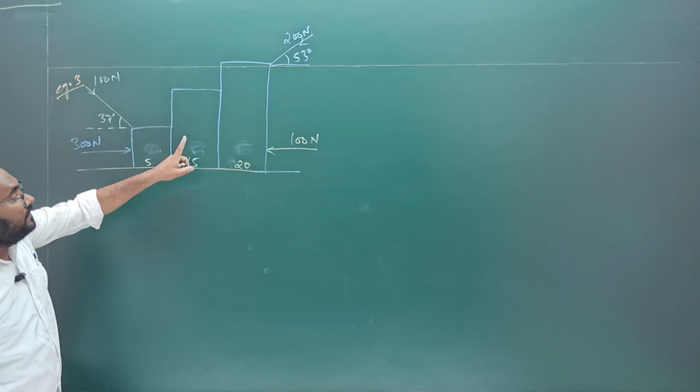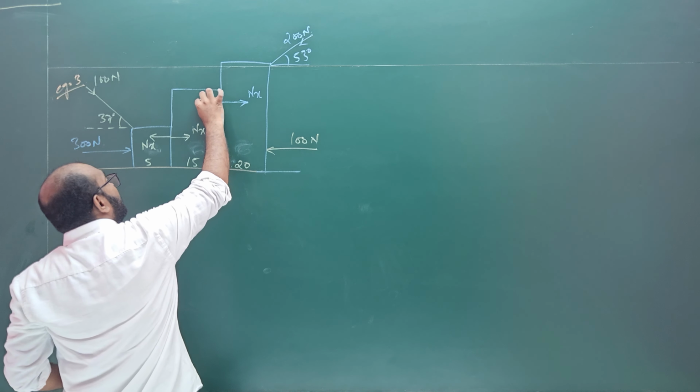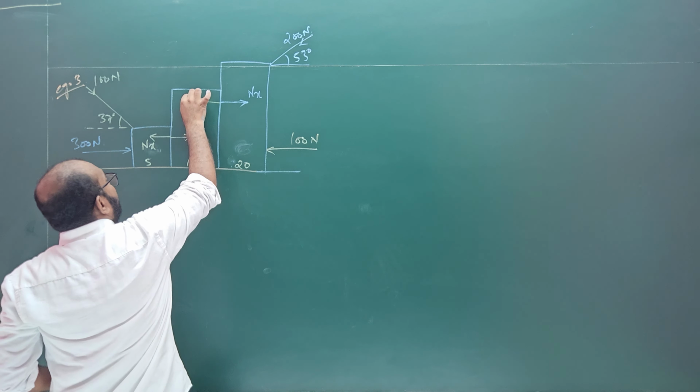That means in which direction? In this direction. So let's say 15 kg is applying force on 20 kg in this direction, nx. Similarly, 20 kg will apply the same amount of force on 15 kg in this direction. Now the question is, will these two normals and these two normals be equal or have different values?